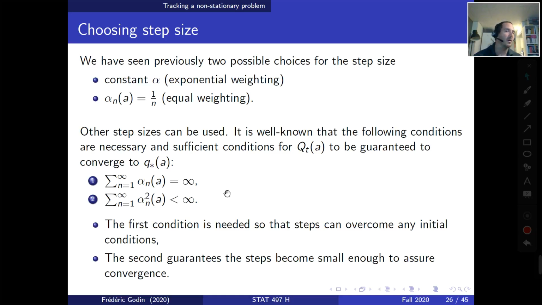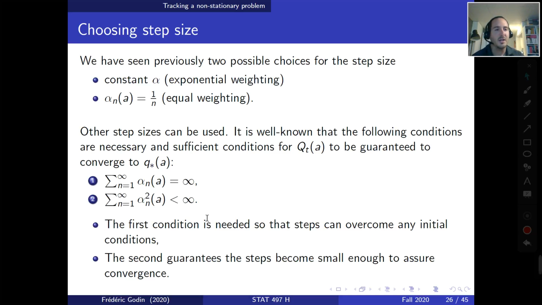Okay, so if your initial estimate is very, very, very bad, then you want to sufficiently move so that you will remove the impact of your initial estimate and ultimately guarantee convergence to the true expected value.